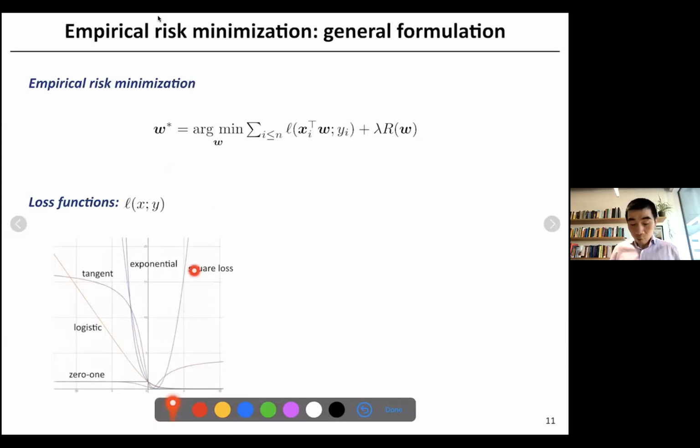For example, you can use square loss, exponential loss, logistic loss, and so on and so forth. And you can also use ridge regularization, meaning you just try to minimize the L2 norm of the weight vector, L1, or a combination of the two. These are typical choices people use in practice. Okay, but what we want to do is to have a theoretical analysis of the performance of this learning problem.